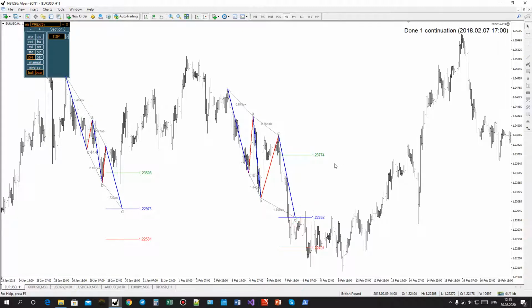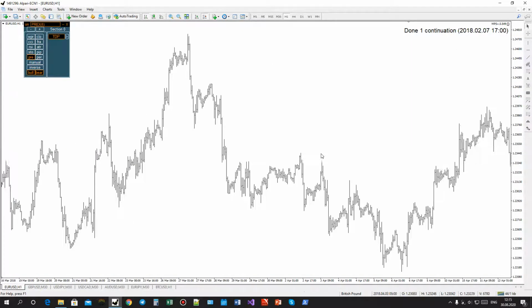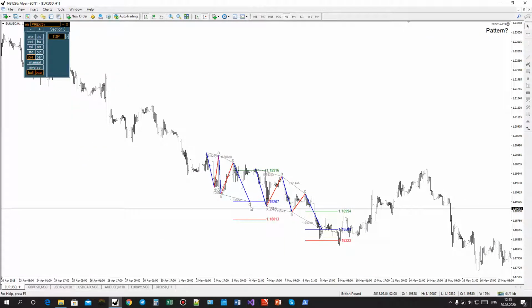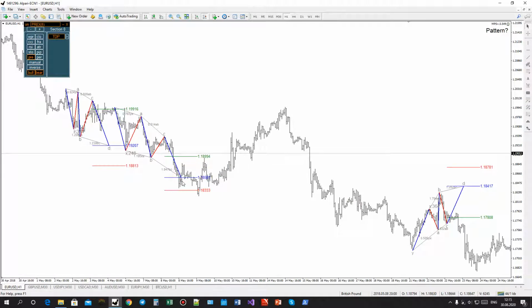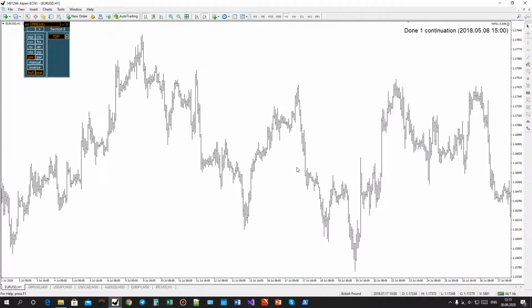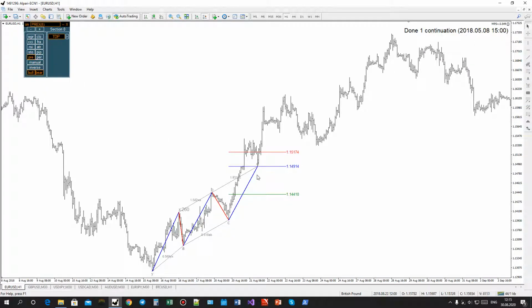This one is a loss, this one is a loss, and one more loss. And another loss.